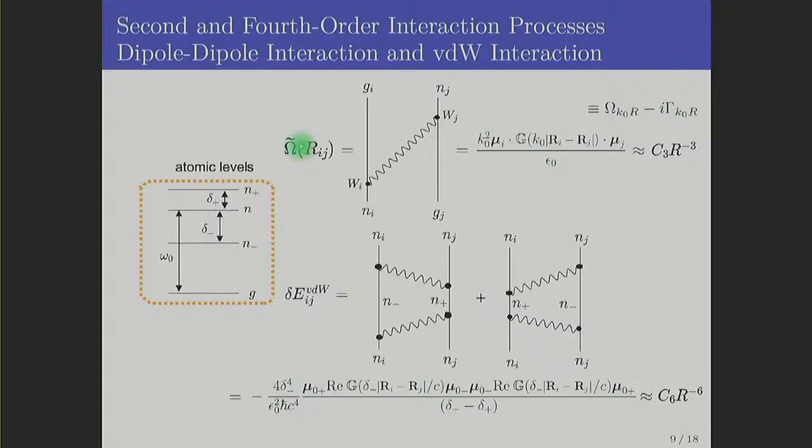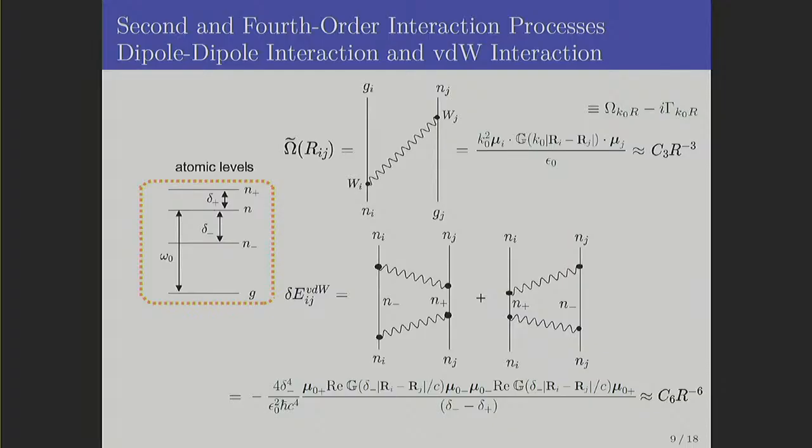And in the near field, we can approximate this interaction to the C3 interaction term that is widely used in the literature. And then we are going to consider the van der Waals interaction between atoms that are in the excited state N. And in the near field approximation, we can approximate this to the C6 interaction term.